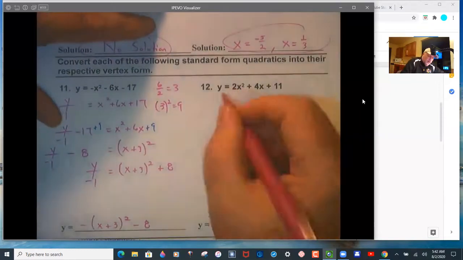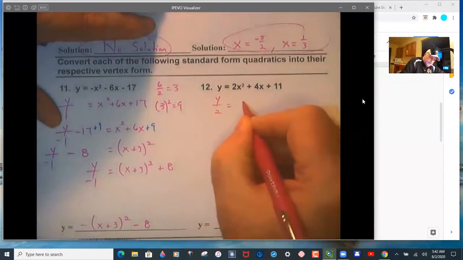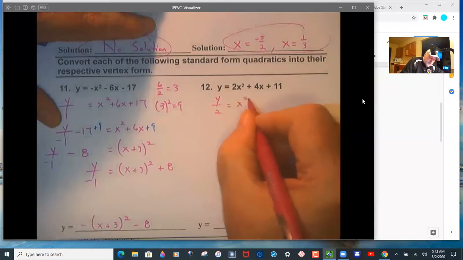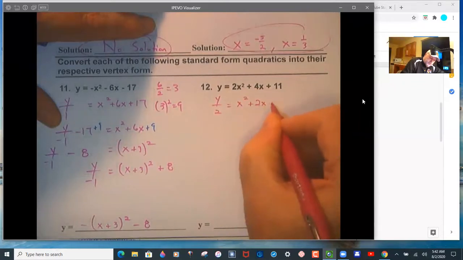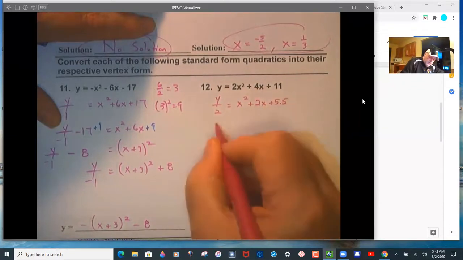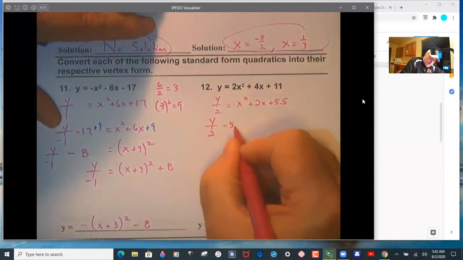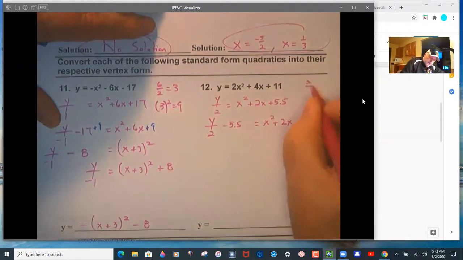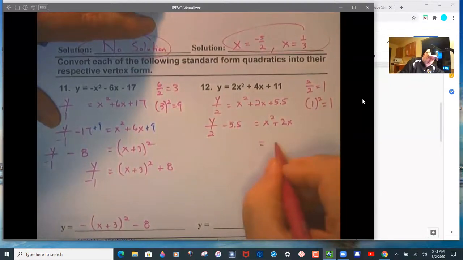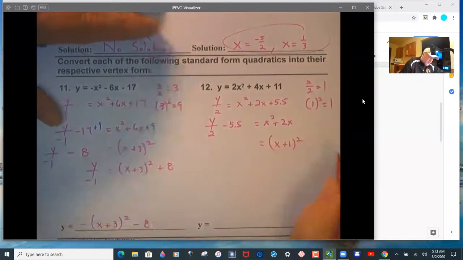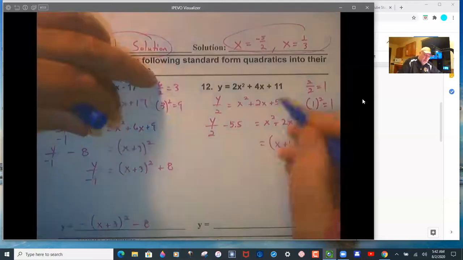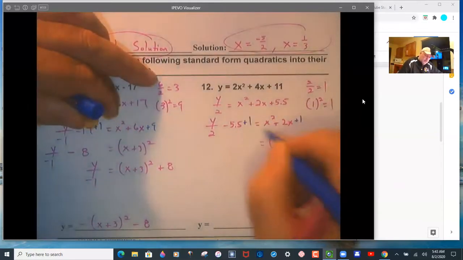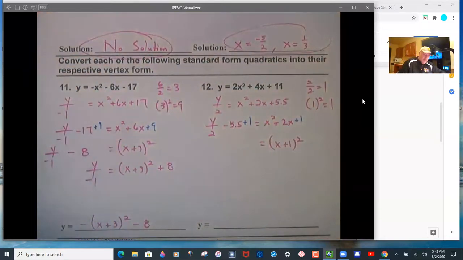Okay, problem 12, we want to divide by 2. So x squared plus 2x plus 5.5. And then we want to subtract over the 5.5. So take the b over 2, square it, we get 1. So this side is x plus 1 squared. And then we want to add 1, stay focused on that second one.